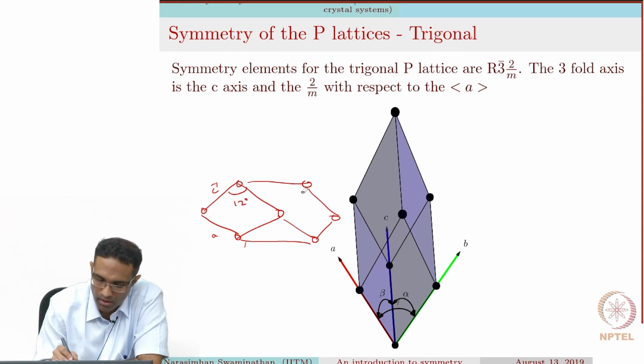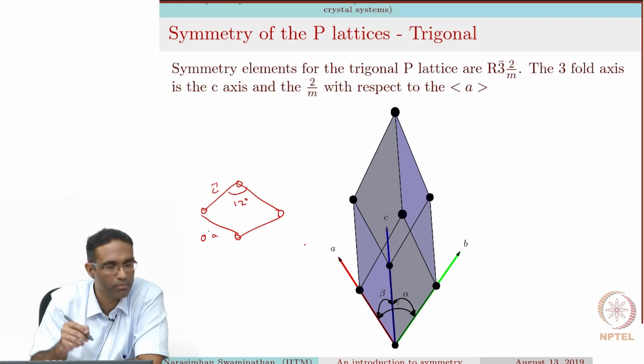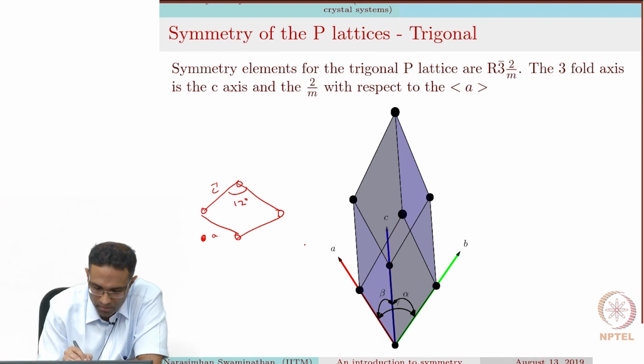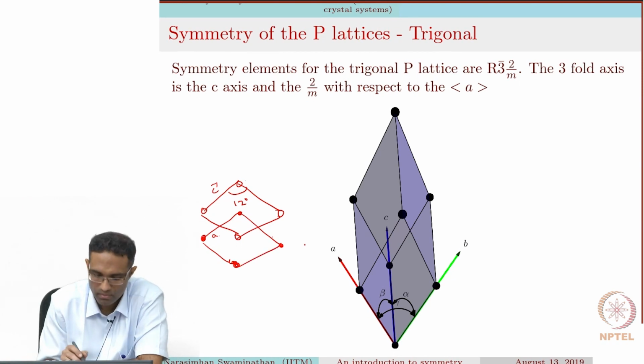Now, in the rhombohedral unit cell, if you look at it from the top, you will have one more plane of atoms coming on top at 1/3 the height, and one more at 2/3 the height.